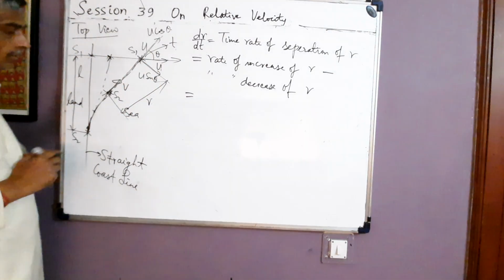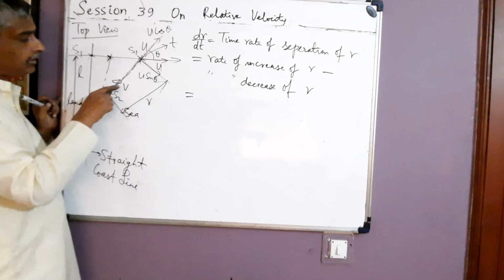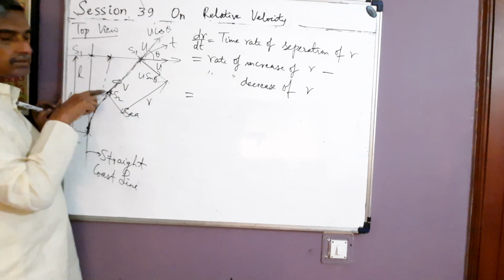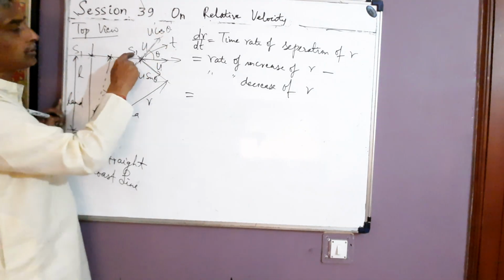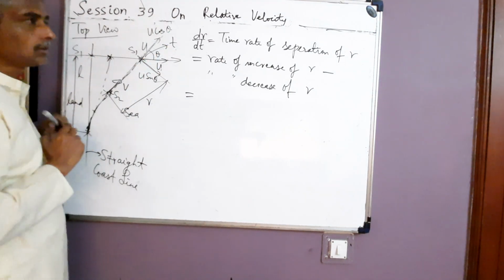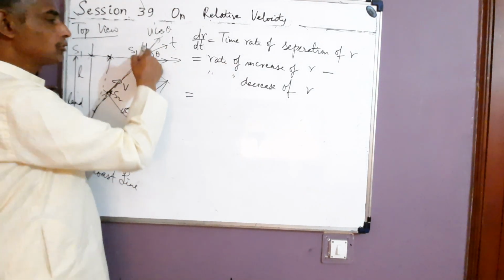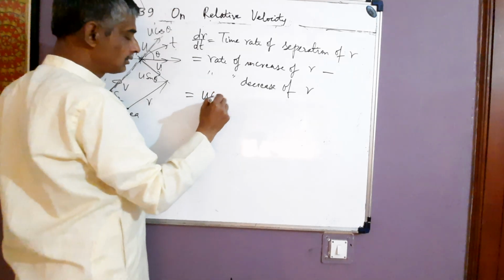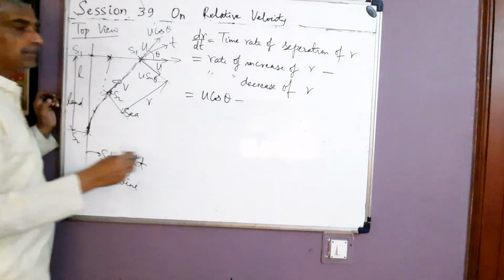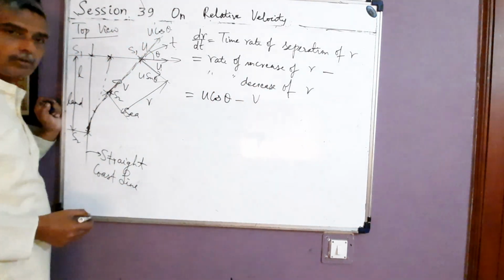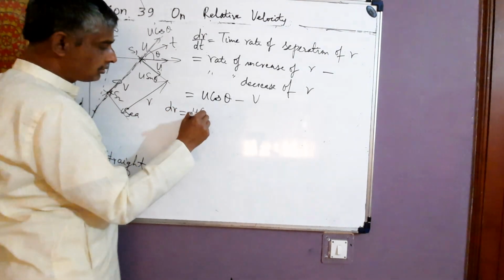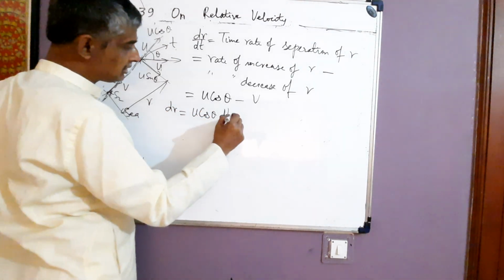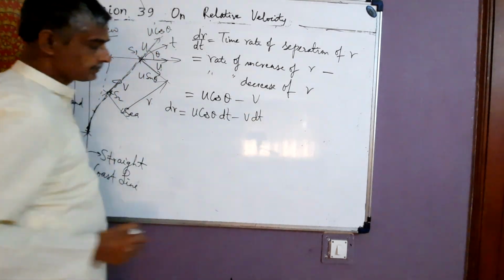So if v is along this line itself, this will cause the distance to decrease, and component of u along this line is u cos theta. This will cause S1 S2 distance to increase. So rate of increase of R will be equal to u cos theta, and rate of decrease of R will be equal to v. Alright. So dr equal to u cos theta dt minus v dt.